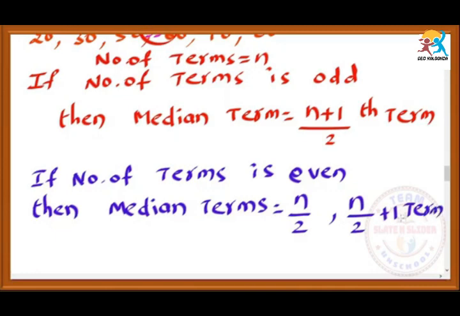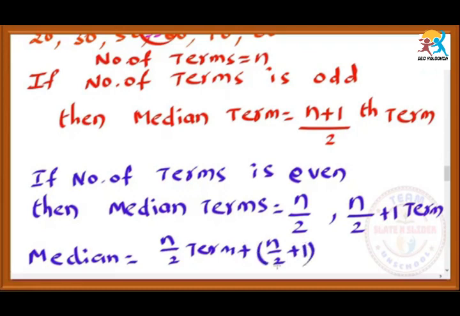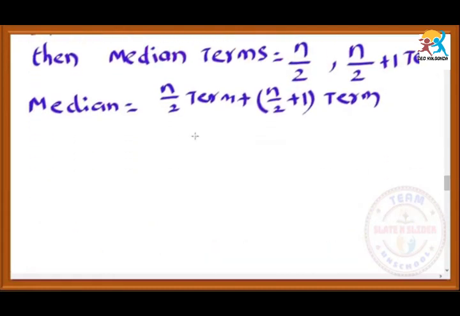These two terms are the median terms, and the median is equal to the n by 2 term plus the n by 2 plus 1 term, by 2. Actually the median also uses the average if n is even.